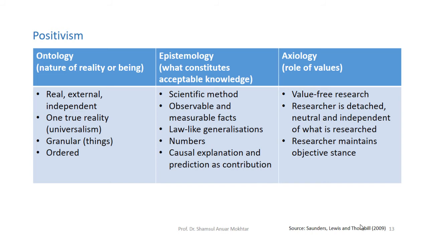People say it is by natural law, but those who believe in God say that this is God's law. So everything in nature works based on a certain rule. This is what positivism believes is considered reality.